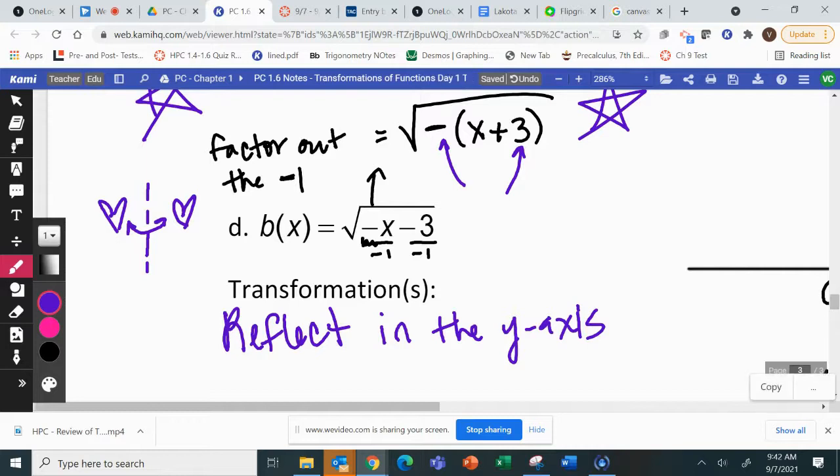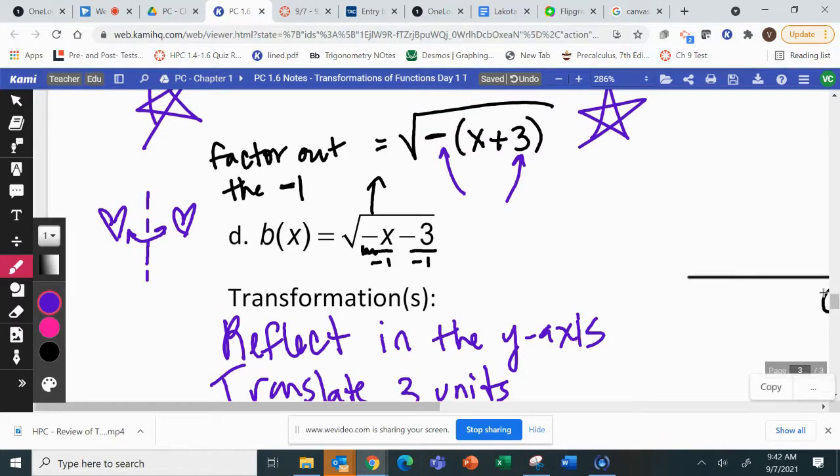And then we have a translation of 3 units. And this is also horizontal because it's on the inside. So we do opposite, hi, ho, it's opposite. So what is opposite of positive 3? Left 3, yeah.